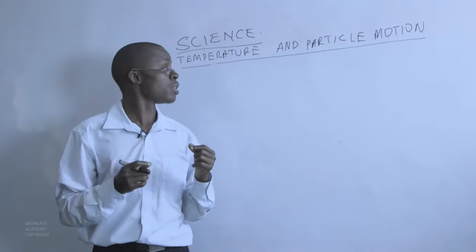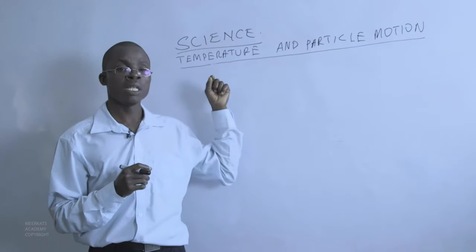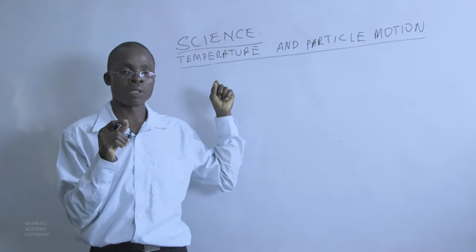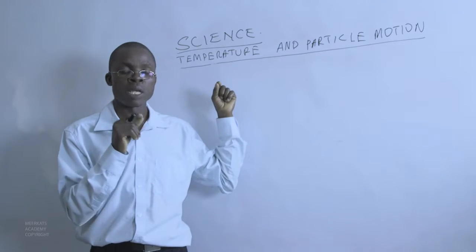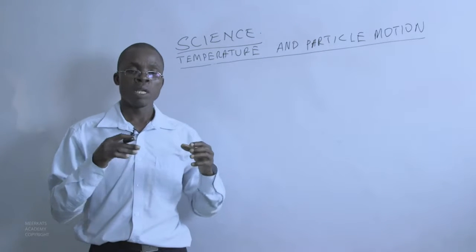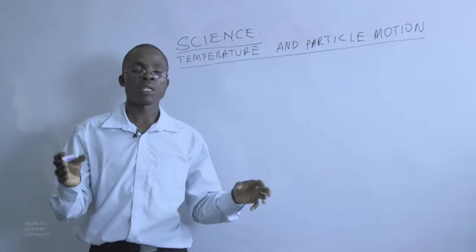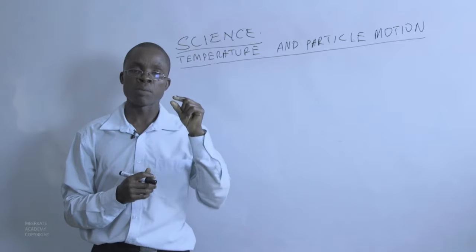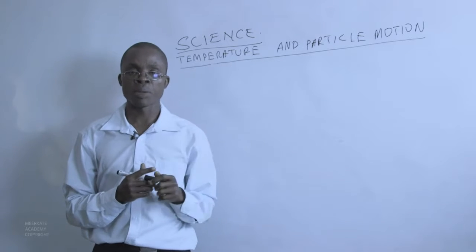In fact, you may think that particles in gases are never held by any force of attraction, and that's wrong. They are held by very weak forces of attraction, which easily get broken, and that's why the particles can move randomly in all directions. But there is some slight force of attraction holding the particles.